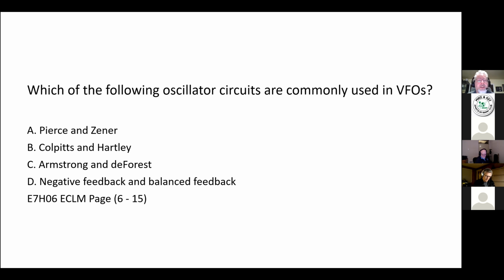Which of the following oscillator circuits are commonly used in VFOs? A, Pierce and Zener. B, Colpitts and Hartley. C, Armstrong and DeForest. Or D, negative feedback and balanced feedback. Bravo is correct. Colpitts and Hartley.